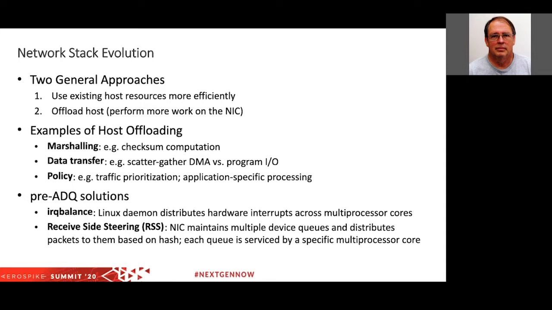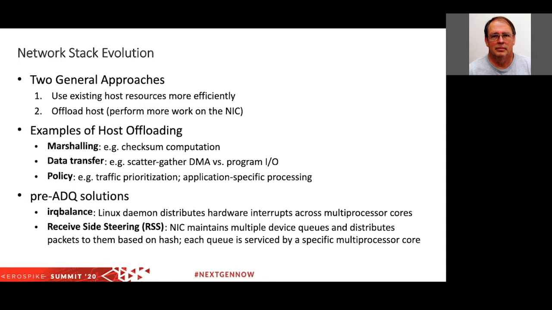There's two approaches for trying to accommodate this, and just in general, one is use the existing host resources more efficiently, and the other is offloading to the 800 series network card.